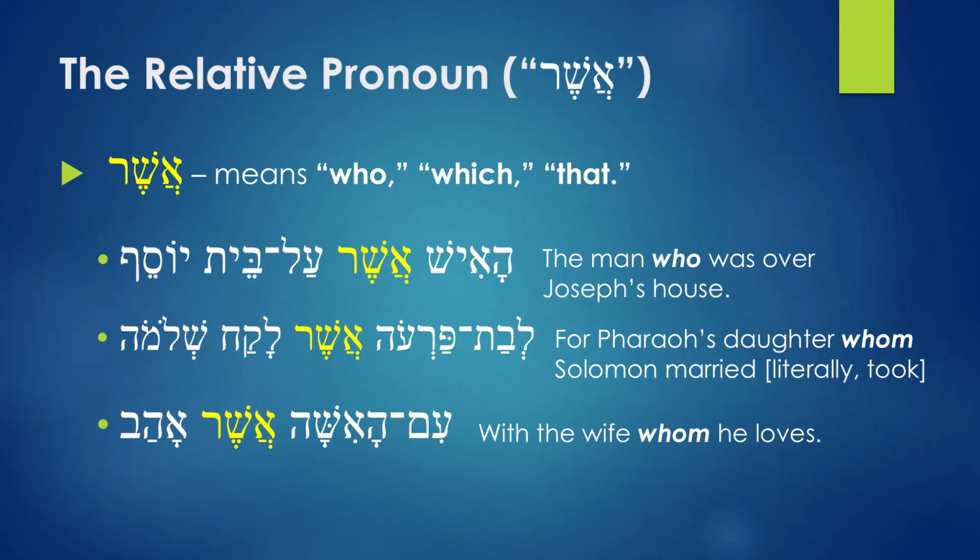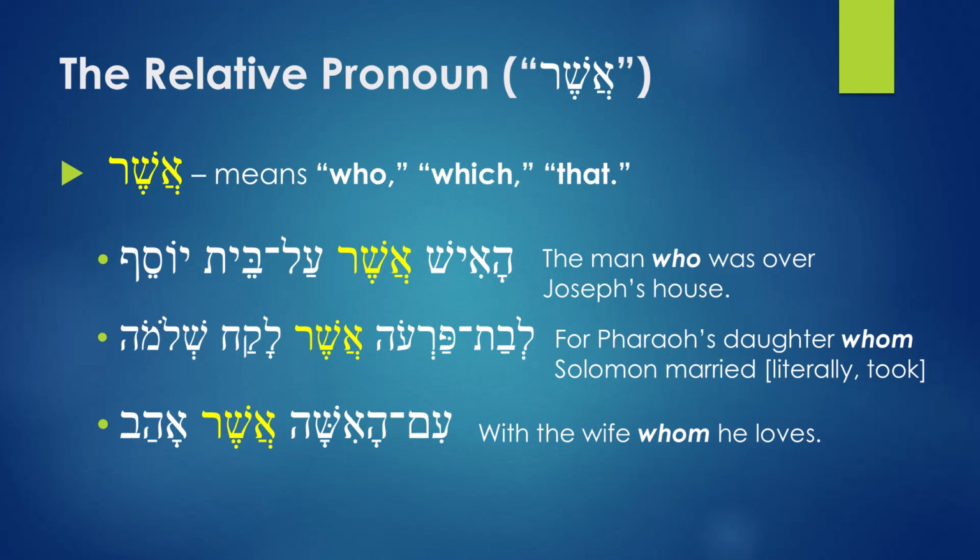Next phrase we have Bat Paro asher lakach Shelomo. How do we translate this? Here you have a construct. Bat is in construct because bat is a noun, and the next word is also a noun, Paro. Paro is the Hebrew word for Pharaoh. So you have bat, daughter, and the next noun, Pharaoh.